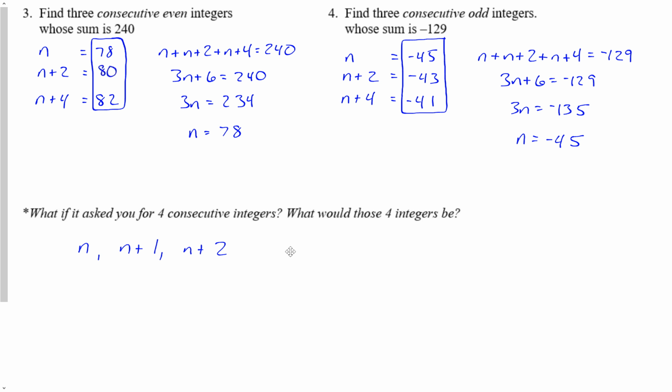The third one would be n plus 2. And then finally, your fourth one, you would have n plus 3. So there's 4 consecutive integers represented here with these variable terms. And again, we could do this with any number of consecutive integers that we decided.